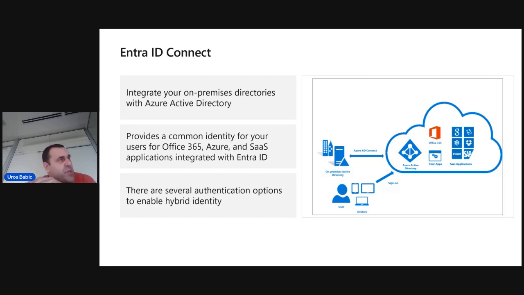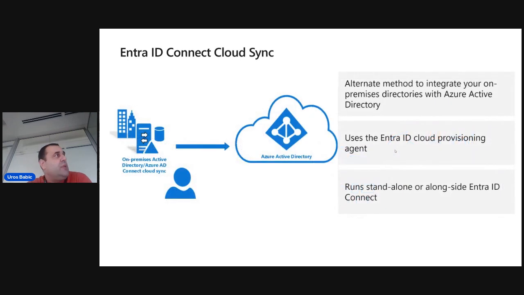You can select the best authentication options, connecting your on-premise Active Directory to your Azure Active Directory. As an alternative method of integration, you can use Entra ID Cloud Provisioning for that purpose, or run standalone or alongside Entra ID Connect.